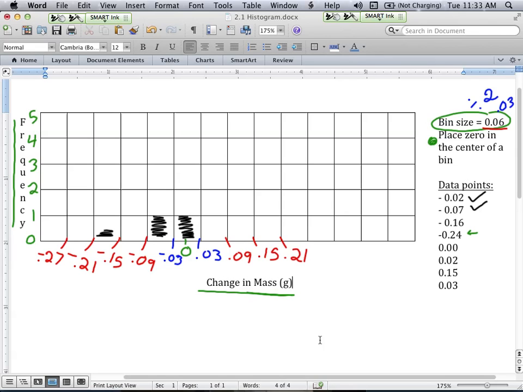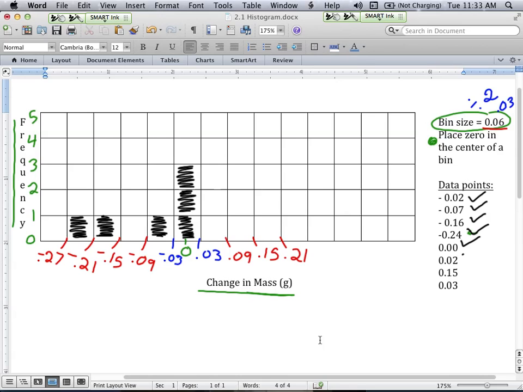Here. Negative 0.24, where does that belong? Here. 0.00 goes here. 0.02 goes here.